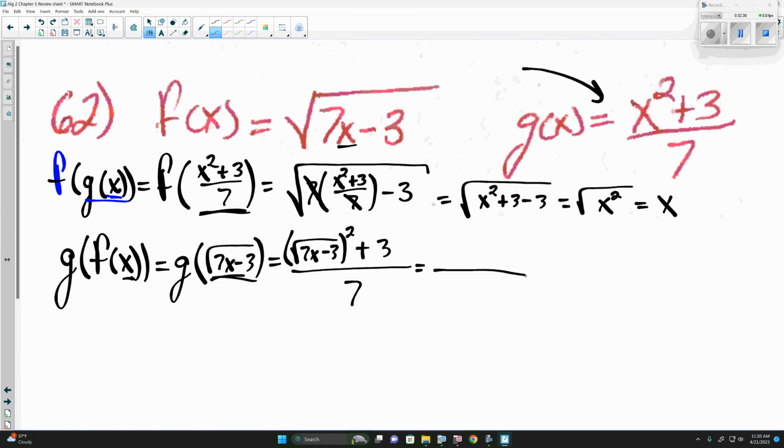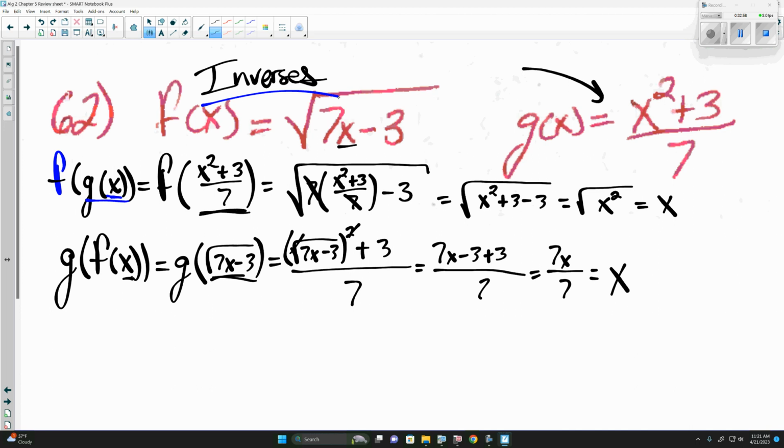Now at this point here, the radical and the square will cancel, telling us we have 7x minus 3 plus 3 divided by 7. Now 7 divided by 7 would be 1, giving us x. So these would indeed be inverses because we got both of them to equal x.